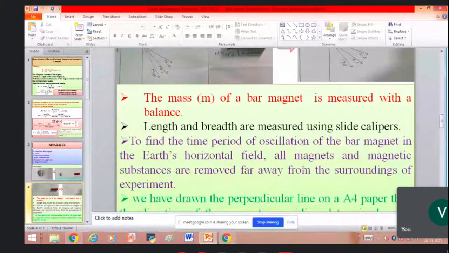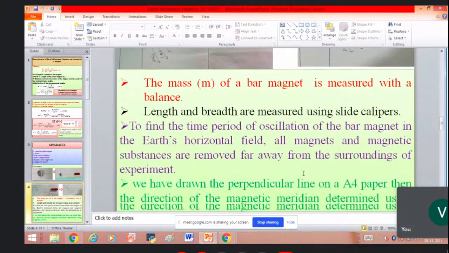To find the time period of oscillation of the bar magnet, twist the bar magnet after hanging by a thread around 10 to 20 degrees from its equilibrium position. You can easily calculate the time period.